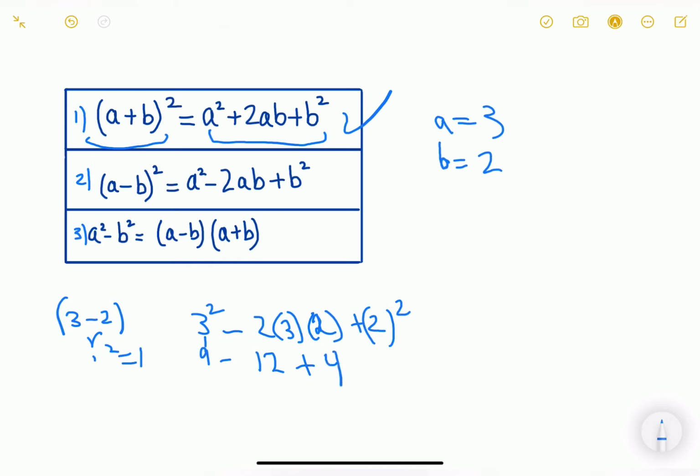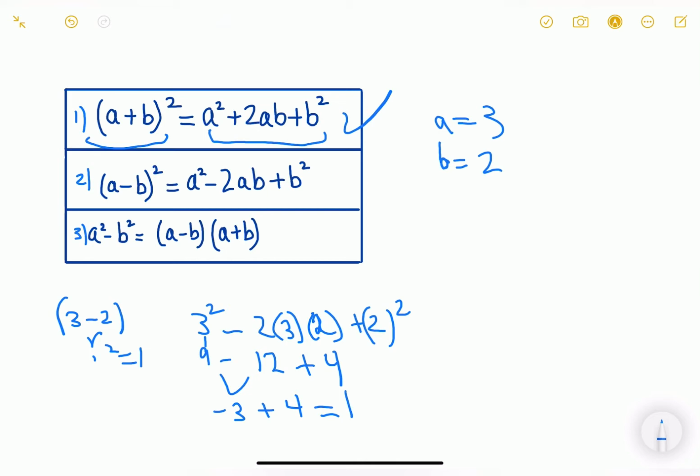First, let's solve this. What is 9 minus 12? It is negative 3, and then negative 3 plus 4 is 1.